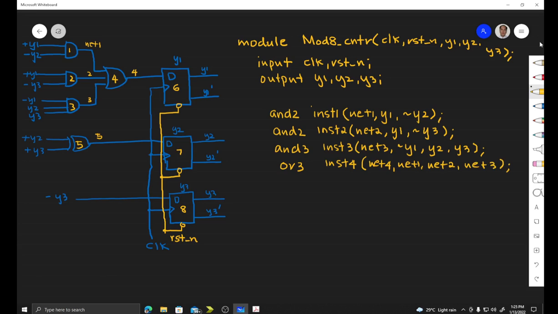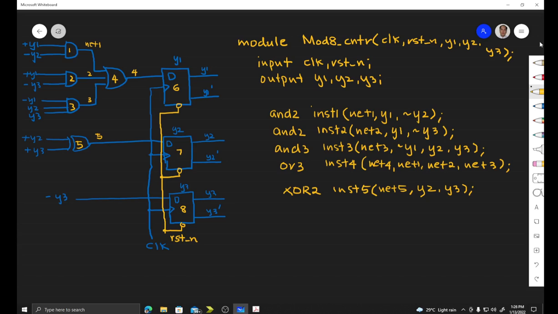Then we have here XOR, so that is XOR 2. Our fifth component, the output is net 5, and its inputs are Y2 and Y3.